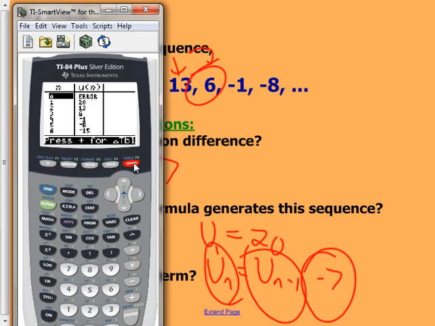Why is that? Because there is no U sub 0.